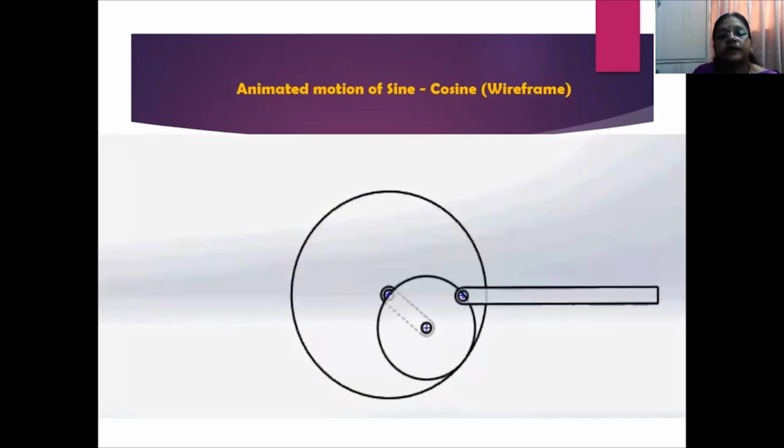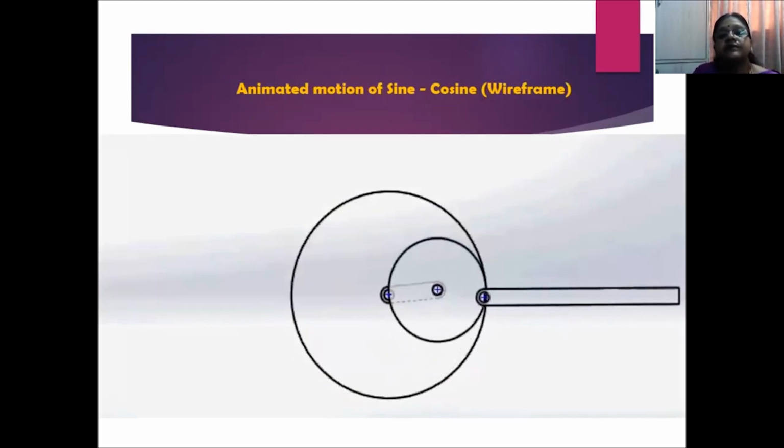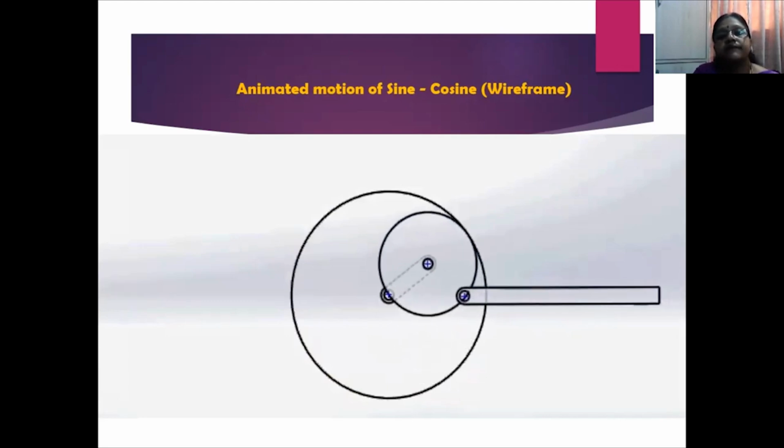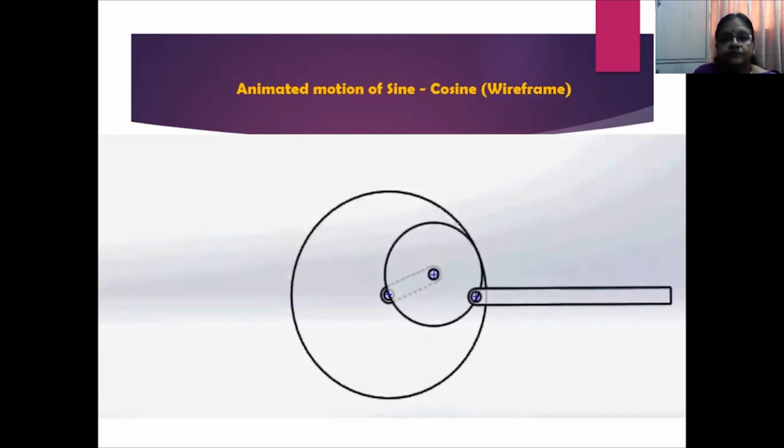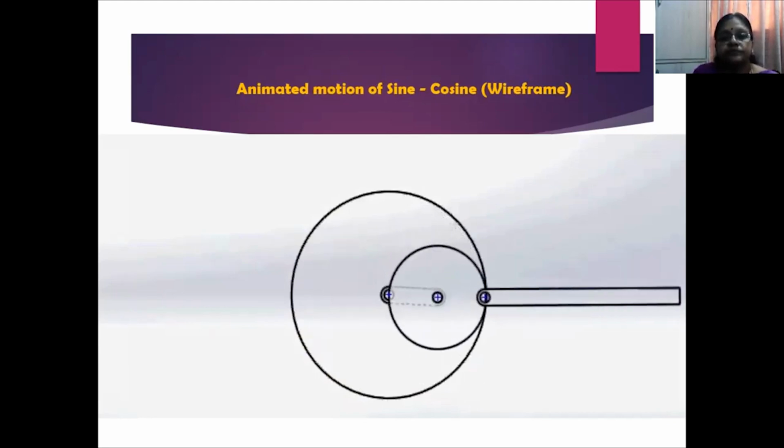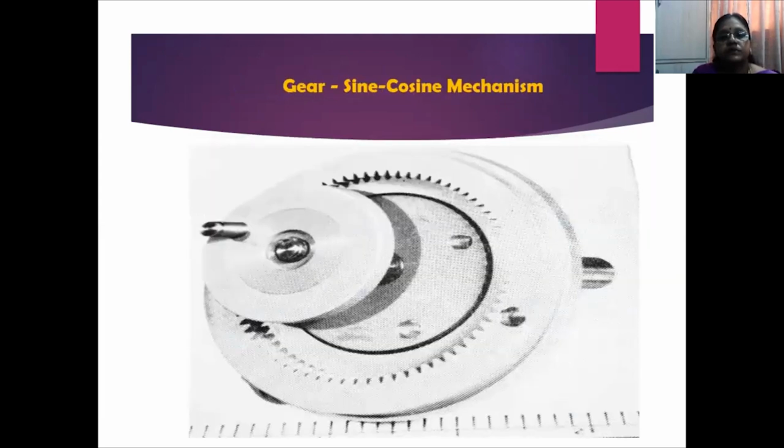I can show you very clearly in this more transparent view of the crank motion with respect to the sun and the planet, and the point C having a horizontal motion. So this is a photograph of a sine-cosine mechanism, sun-planet mechanism, which you can operate for different motions.